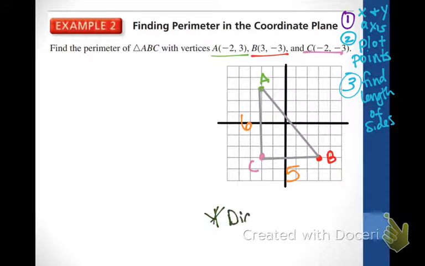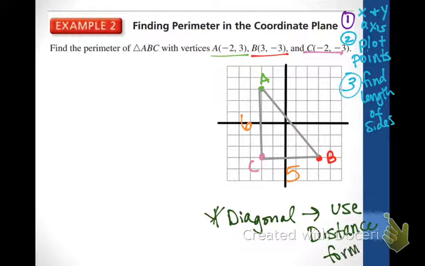It's slanted. So here's what you need to know. When it's diagonal like that, you cannot just count. But there is a way to find the, watch my word here, the distance between the two of these. So how do we find the distance between the two? Yeah, so whenever you have a diagonal and you need to find the length of it, you need to use the distance formula.